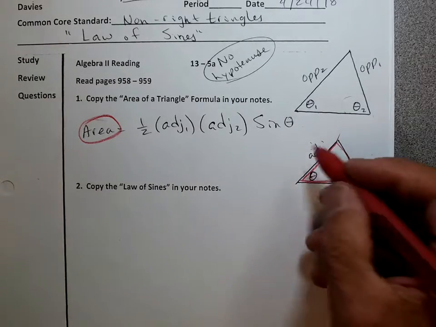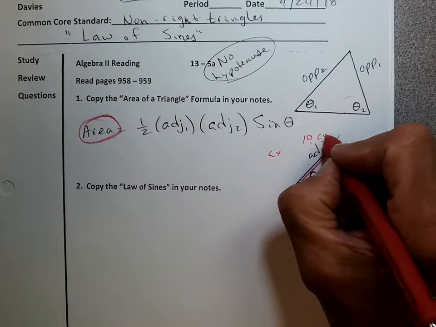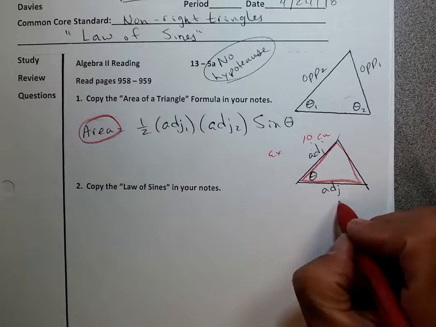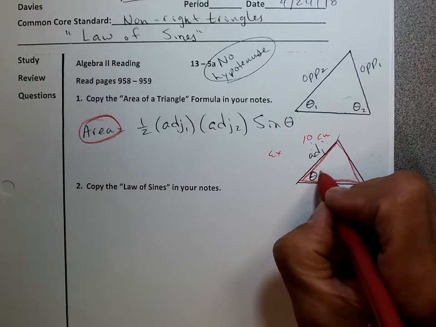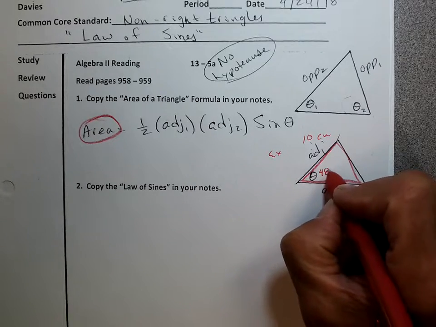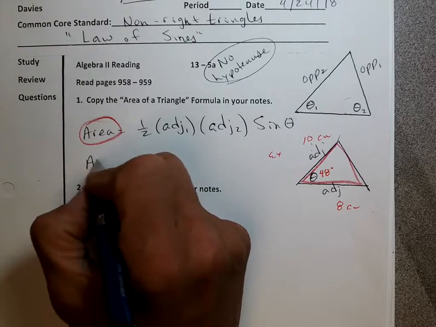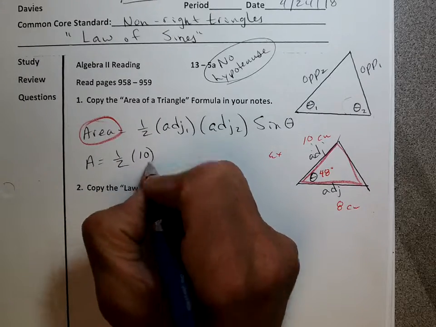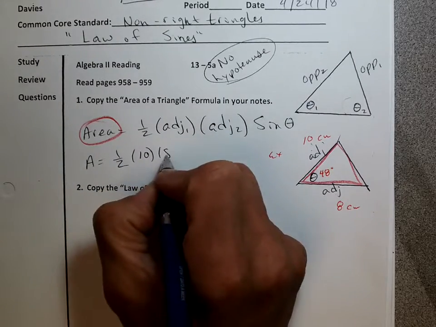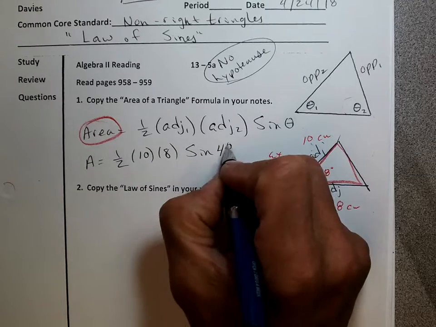As an example, if I said this side was 10 centimeters, this side is 8 centimeters, and my angle happens to be 48 degrees, then the area of this triangle is as simple as this. Area is equal to 1/2 times 10 times 8 times the sine of 48 degrees.